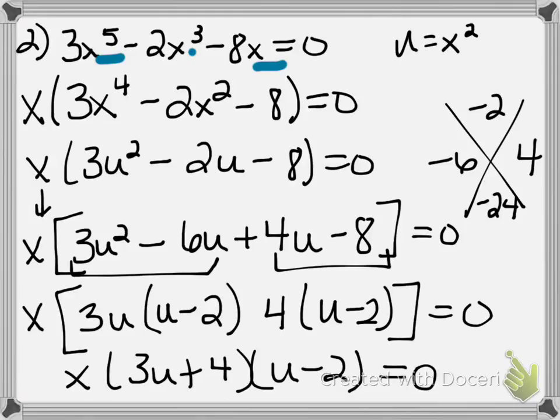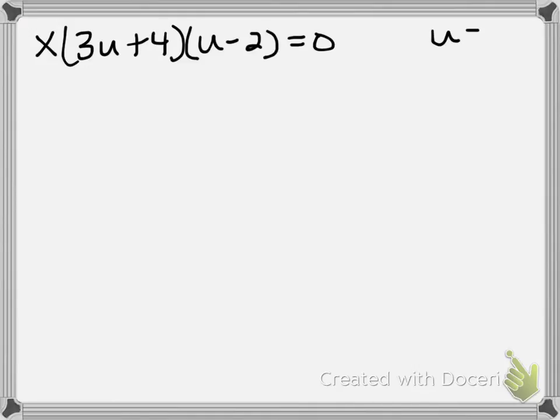At this point, I need to make the substitution back. So we had 3u plus 4, we had u minus 2 equals 0. And remember, u equaled x squared. So then I need to substitute back in.